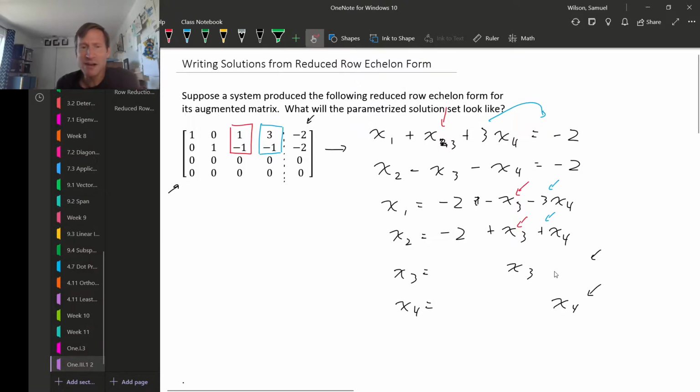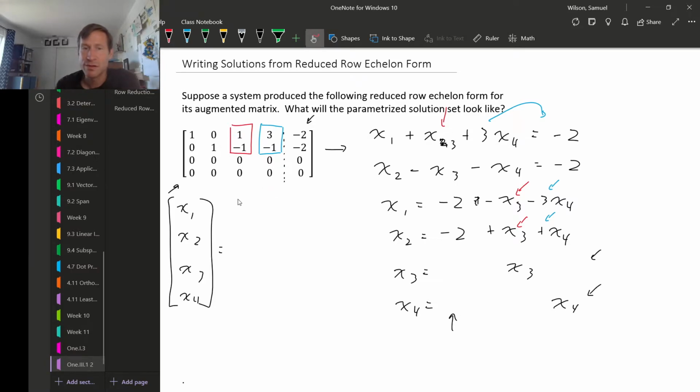So when we write this out as column vectors, what we get is a vector with the constants, that is the stuff coming from the right-hand side.